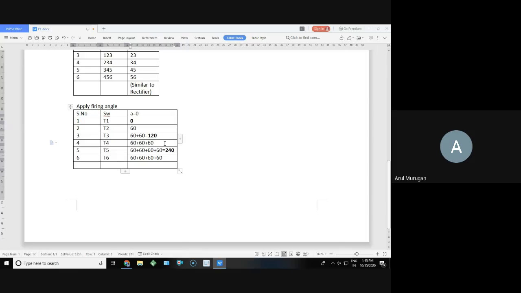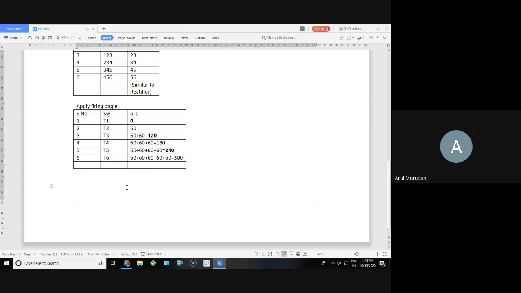Then 180, and here one more 60 is missing, so 300. That's all about the angle differentiation.